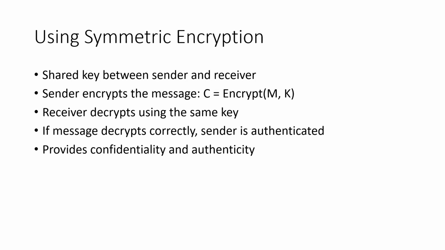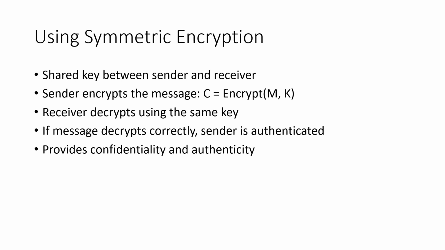Let's first look at how we can use symmetric encryption for authentication. Here's how it works. The sender and receiver both share a secret key K. The sender encrypts the message M using that key, producing the ciphertext C. This is sent over the network.